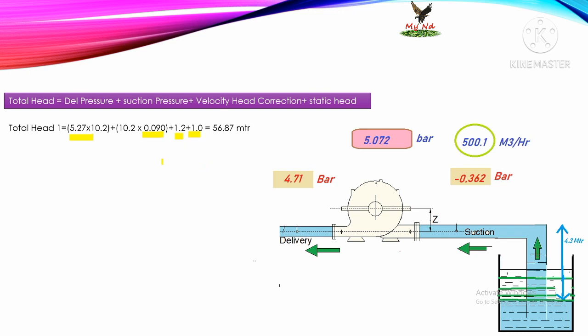By substituting the values, we calculate the total head as 56.87 meter.